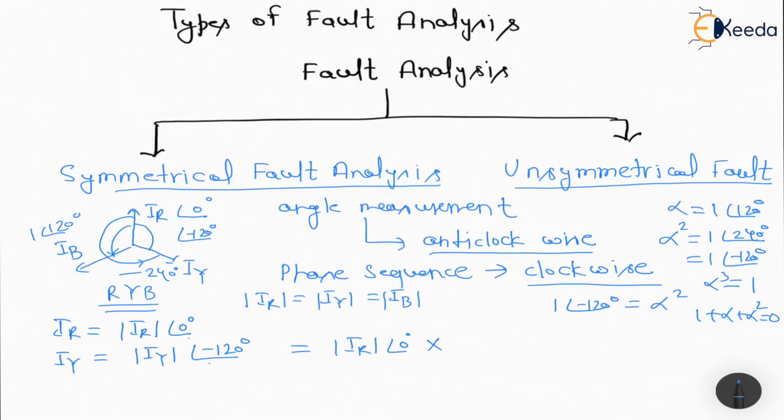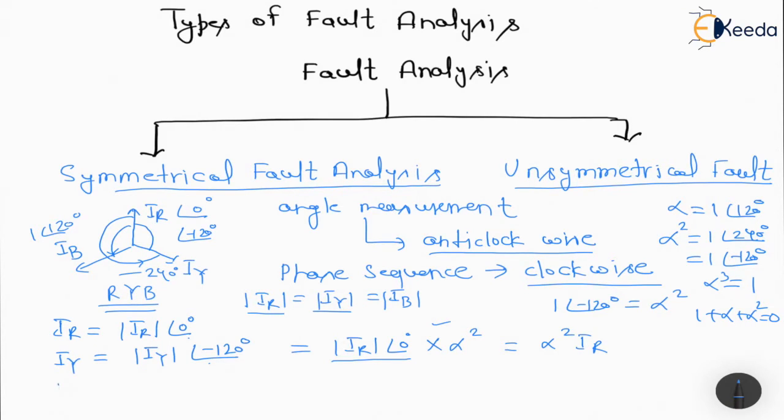So in the symmetrical condition, we can write IY at the angle of minus 120 is equal to mod of IR at the angle of 0 into alpha square. So the vector IR is represented as alpha square into IR.